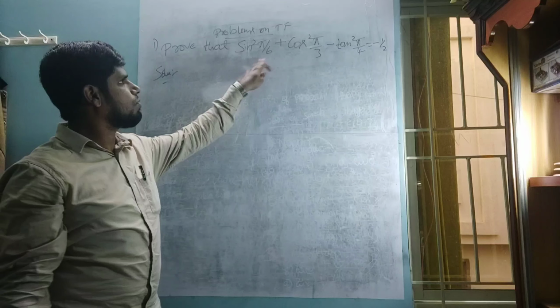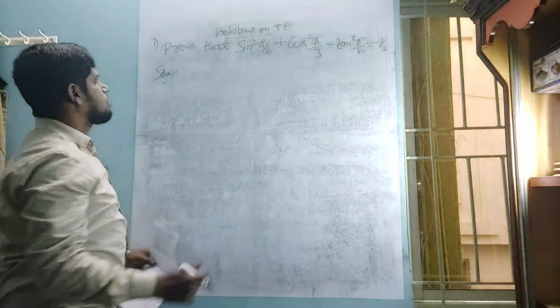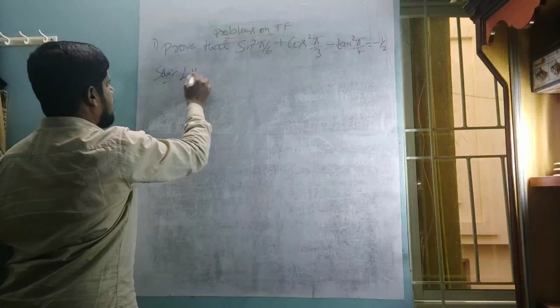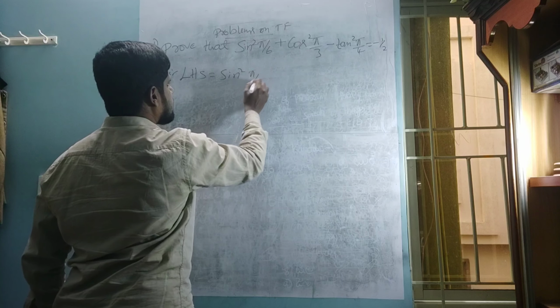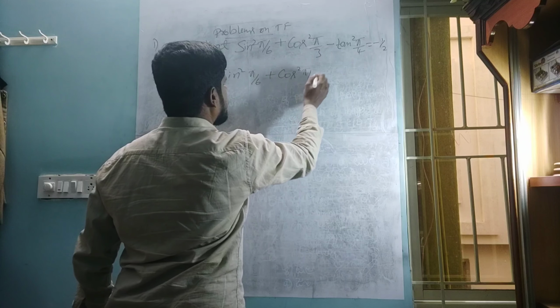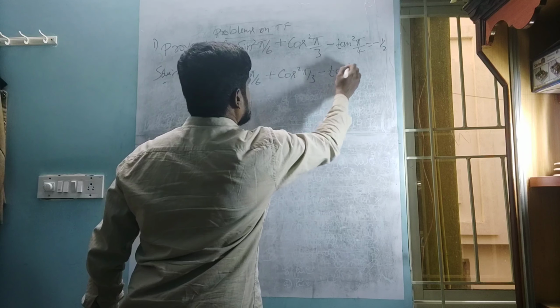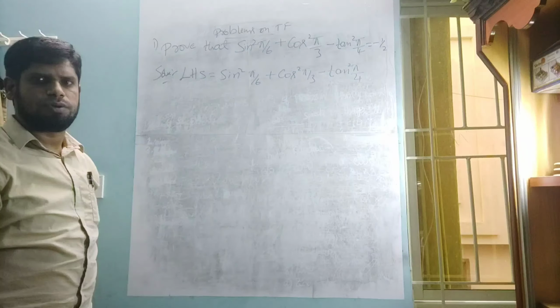Finally, he is asking us to prove that it is equal to minus half. So let us see. We'll take LHS: sine square pi by 6 plus cos square pi by 3 minus tan square pi by 4.